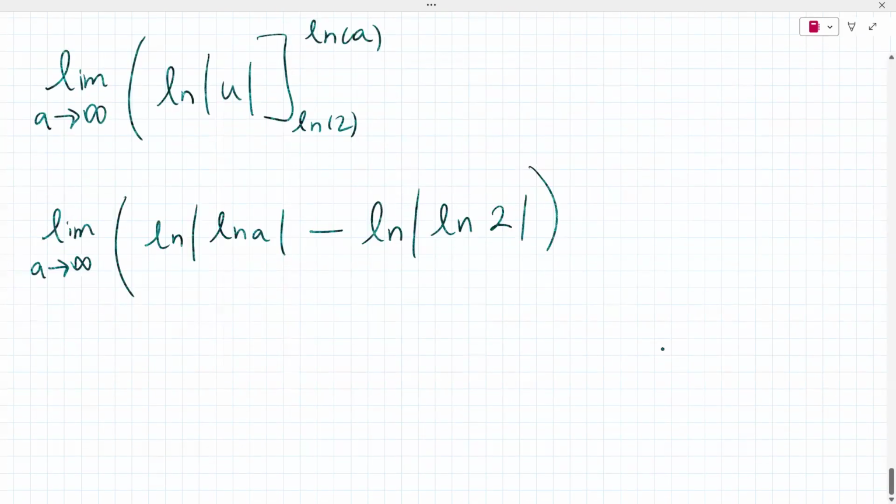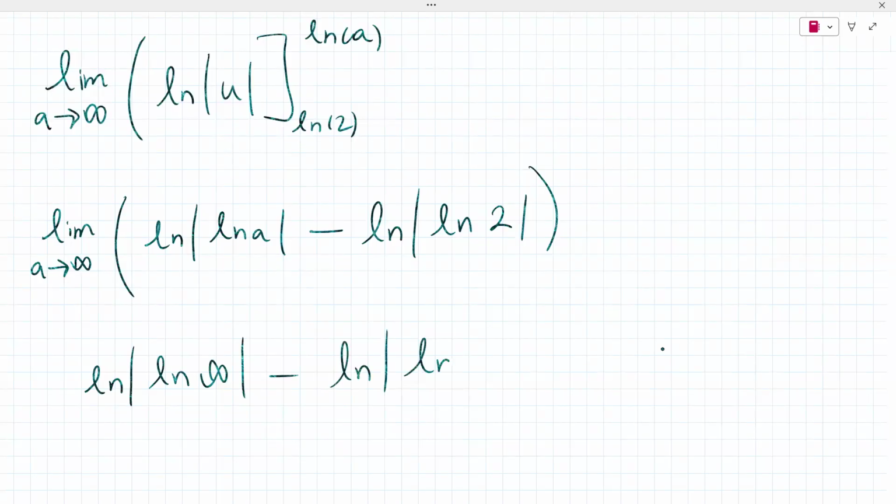So that's going to be ln of ln of infinity minus ln of ln of 2.